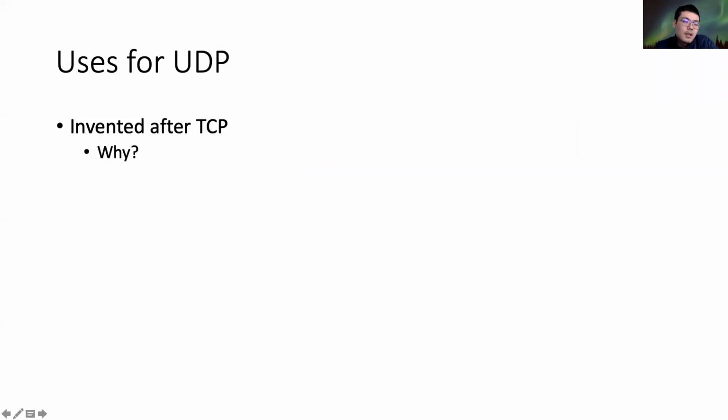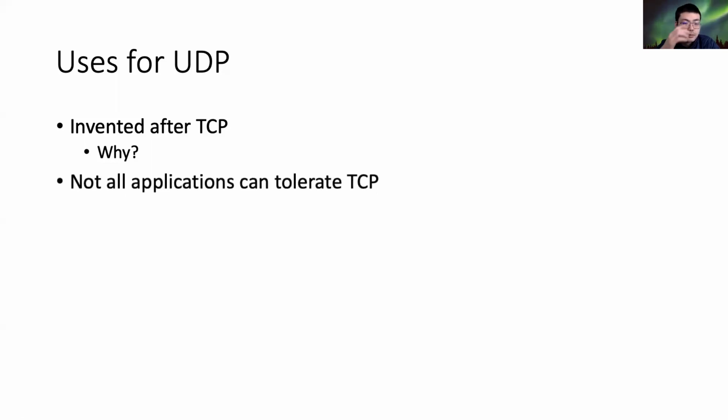UDP was actually invented after TCP. Initially, everyone was using TCP. But why did UDP still need to be invented? Why do people still have UDP? This is because not all applications can tolerate TCP. TCP has some additional benefits, but these benefits come with a cost.